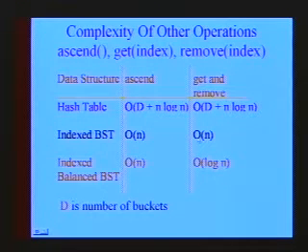And you're spending order of n also to do the get and the remove, because the height could be order of n. If you go into the balanced mode, then this remains order n, and that becomes log n. So for the secondary operations, a balanced binary search tree is going to give us very good performance compared even to a hash table as far as expected performance is concerned.